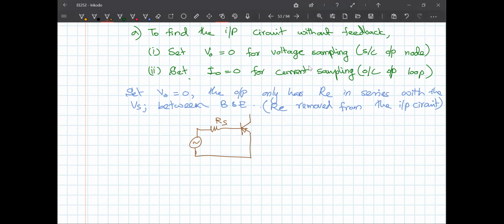Now the second thing that we are going to do is to find the output circuit without feedback.